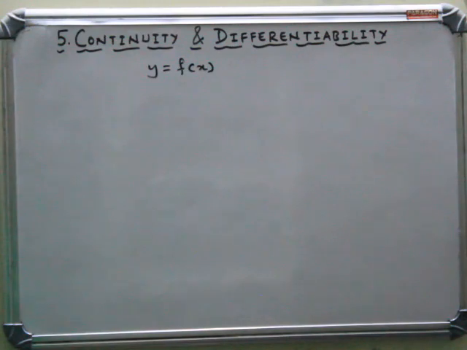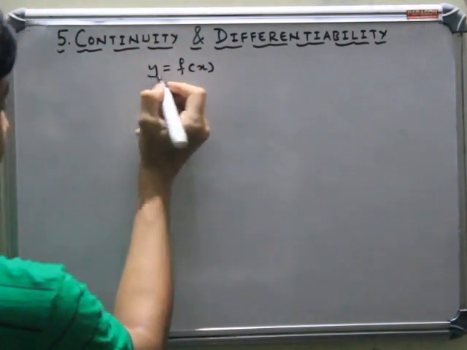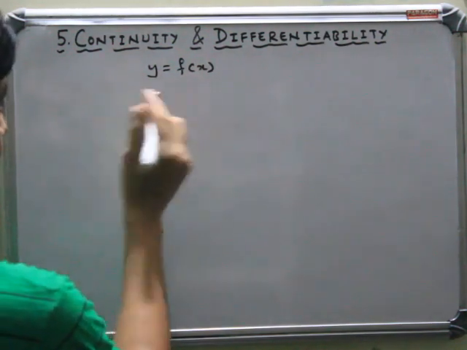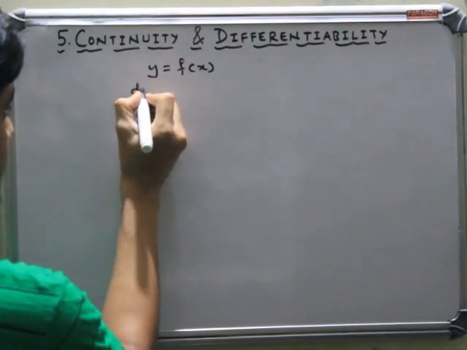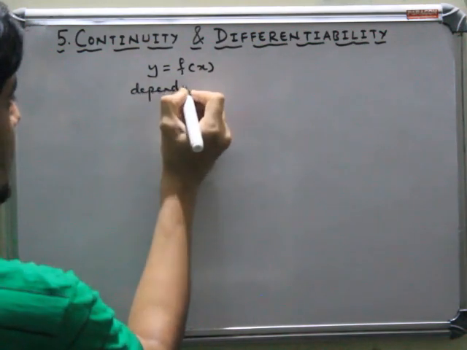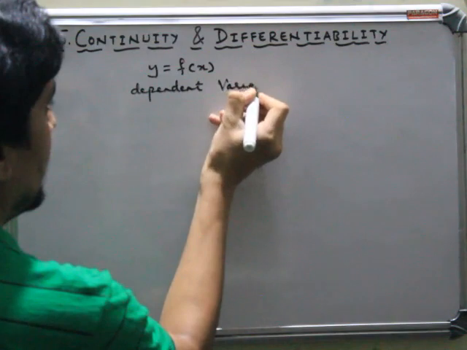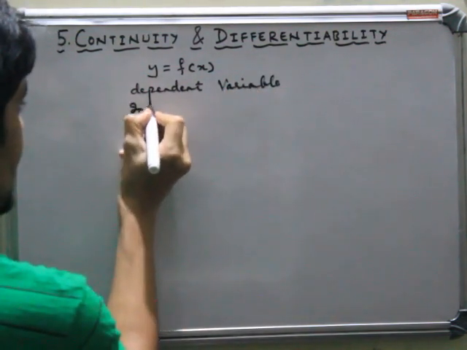As you know, in every function we will have a dependent variable and an independent variable. So every function has a dependent variable and an independent variable.